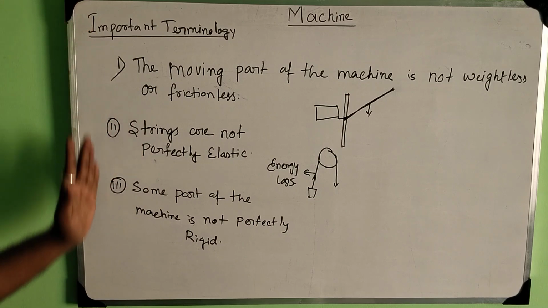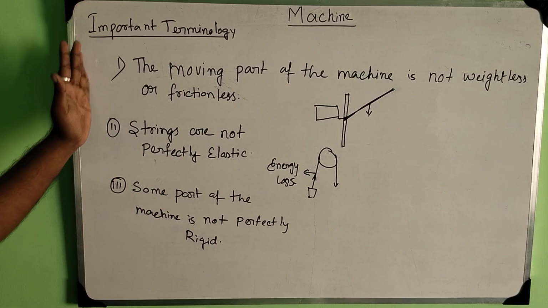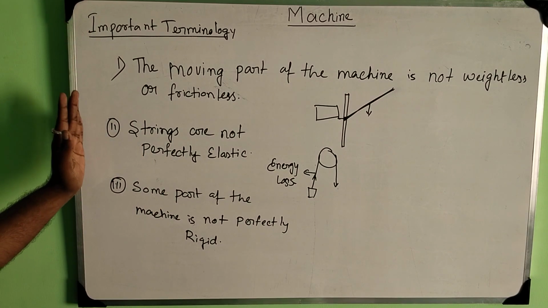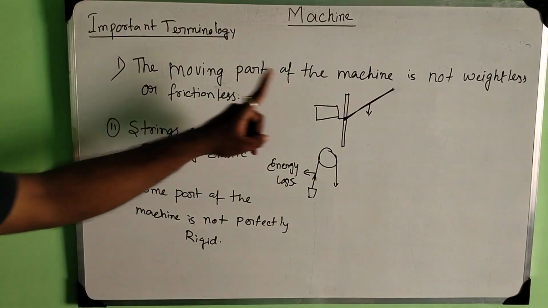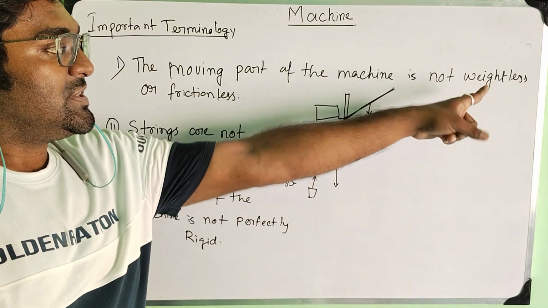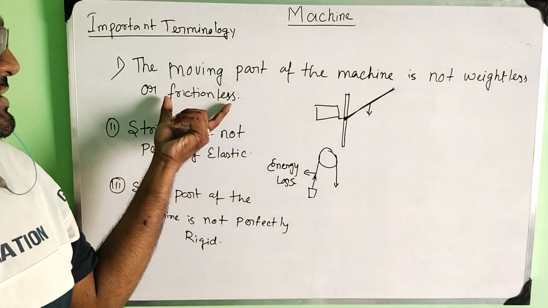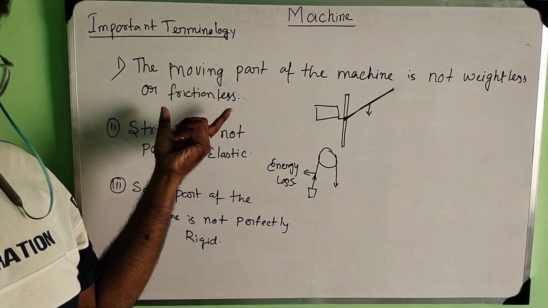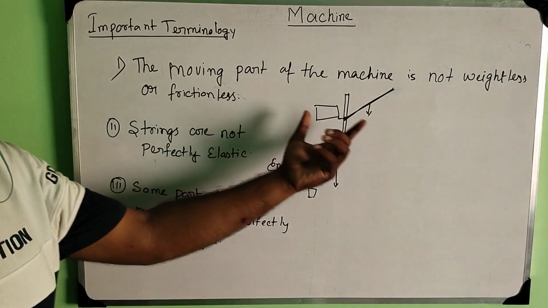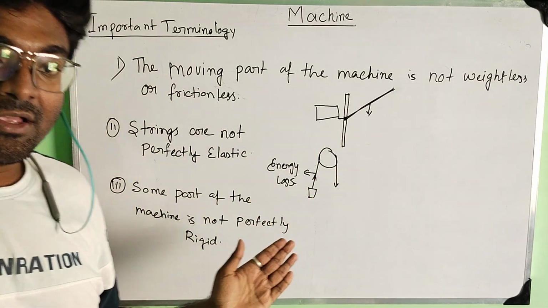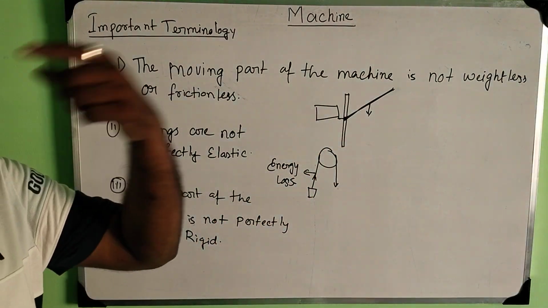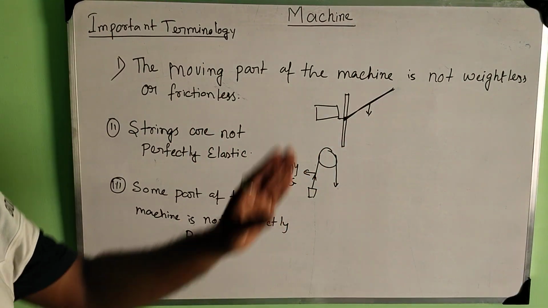Okay, so these are the three points that you have to understand, the three ways by which energy is lost. First, the moving part of the machine is not weightless and not frictionless, so due to the friction and the weight of the machine, some energy is lost. The amount of energy that we are inputting, some is lost due to this.